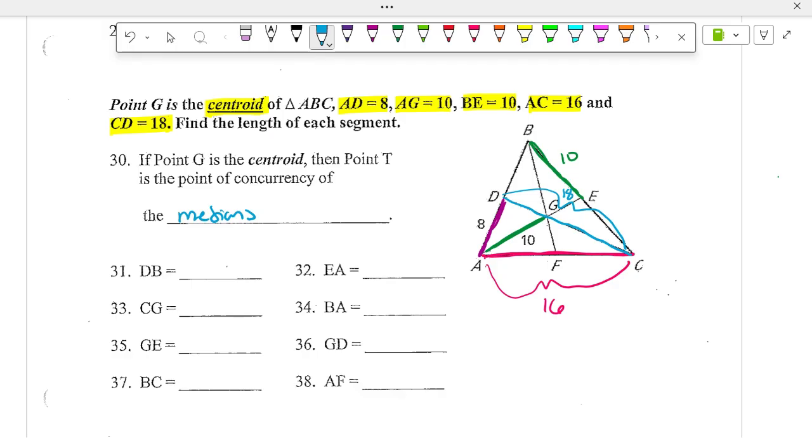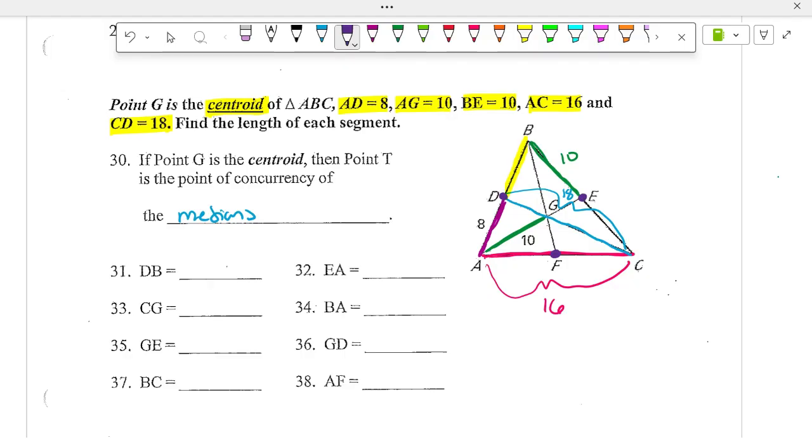We're going to start with DB, which is right here. Knowing what we know about medians, what's true about medians? Medians are lines that go through the what? The middle of each side, so the midpoints of each side. So that means that points D, F, and E are midpoints.